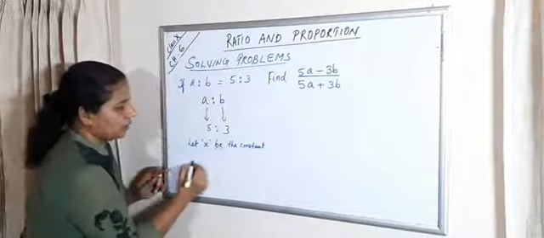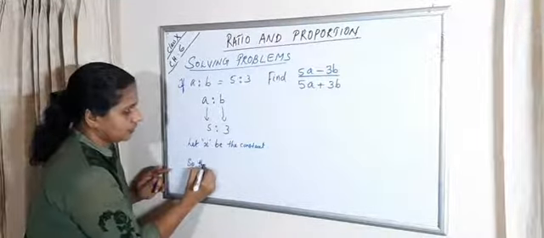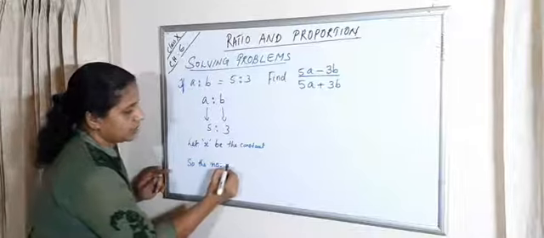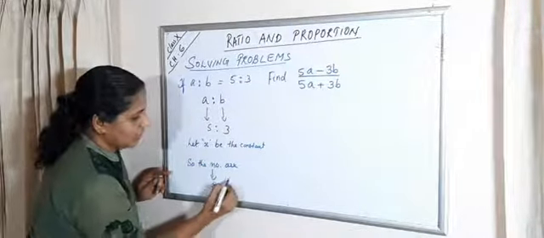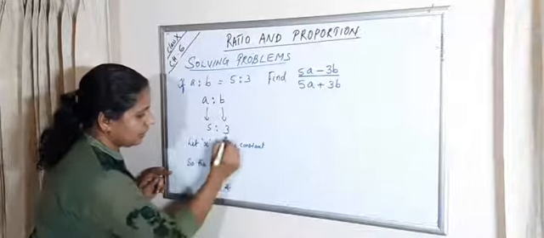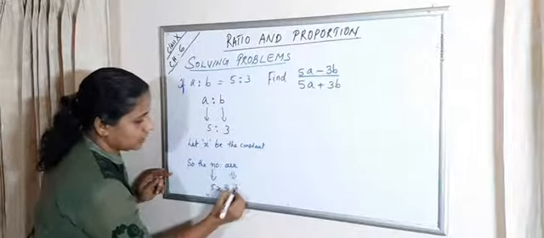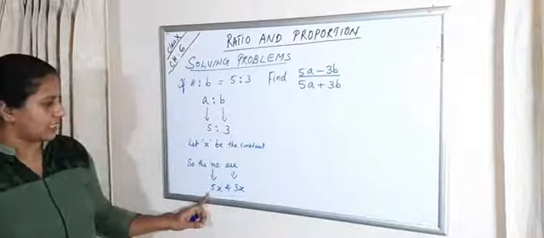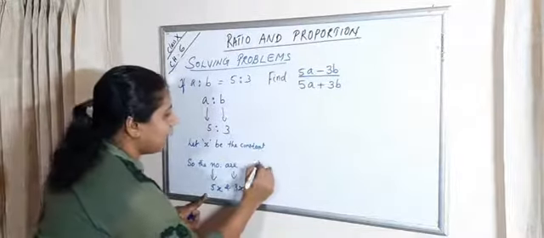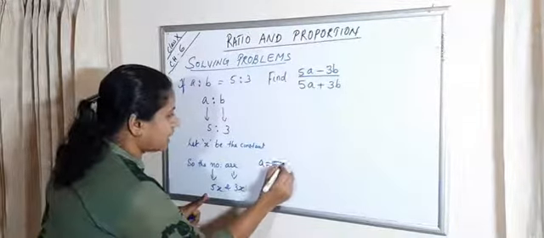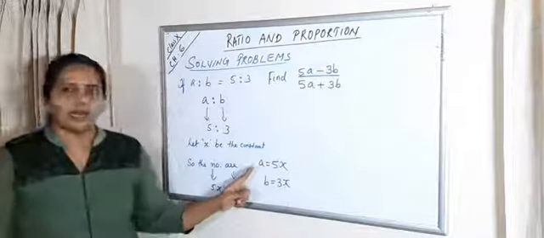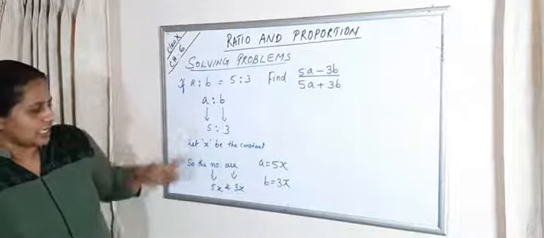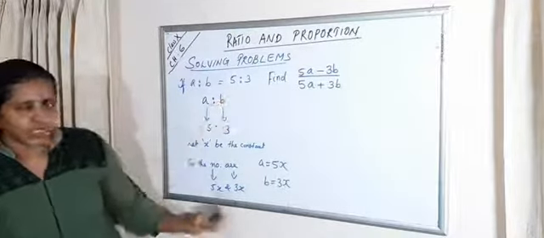So the numbers are 5x and 3x. Here a is equal to 5x, b is equal to 3x.